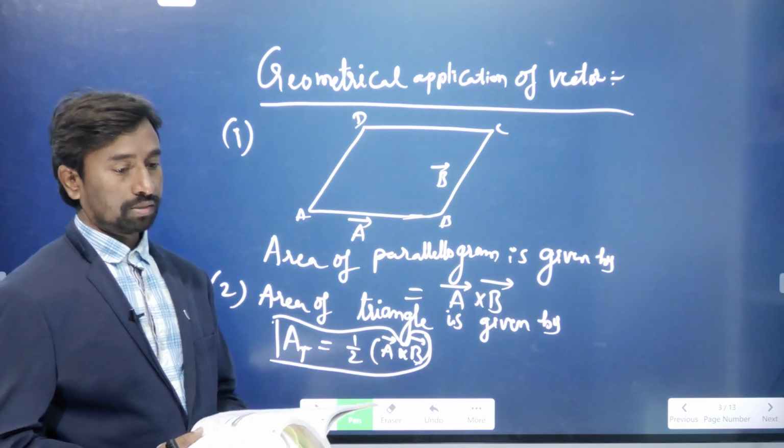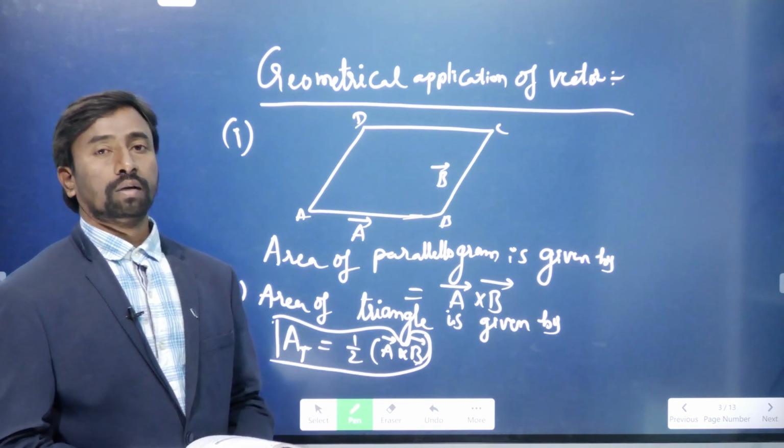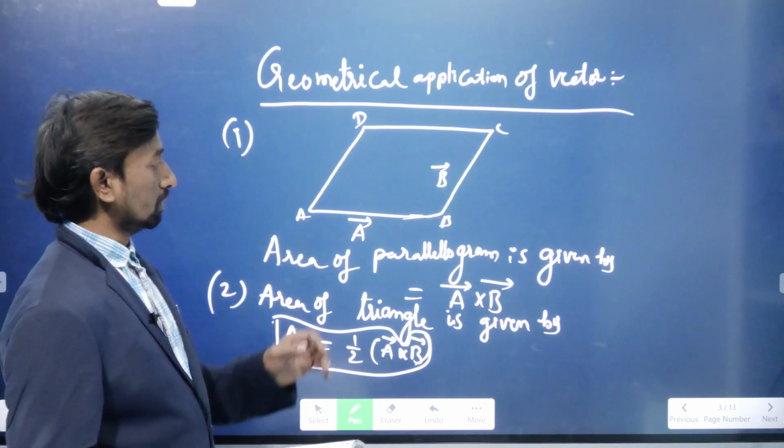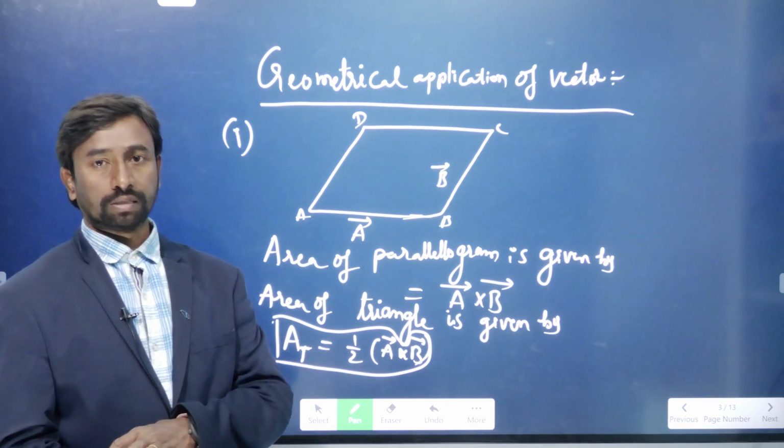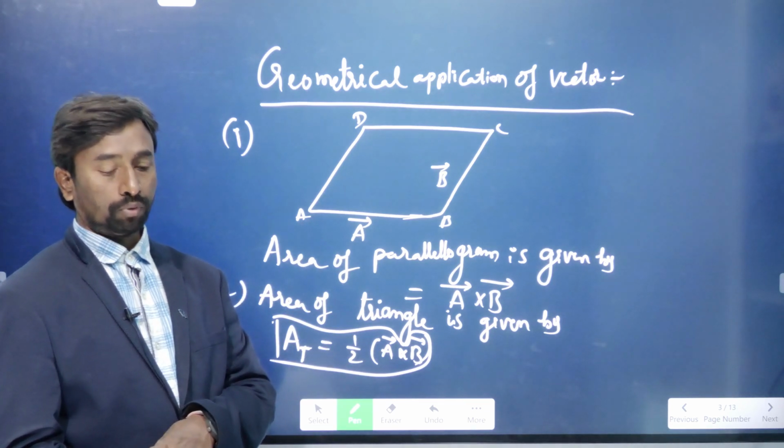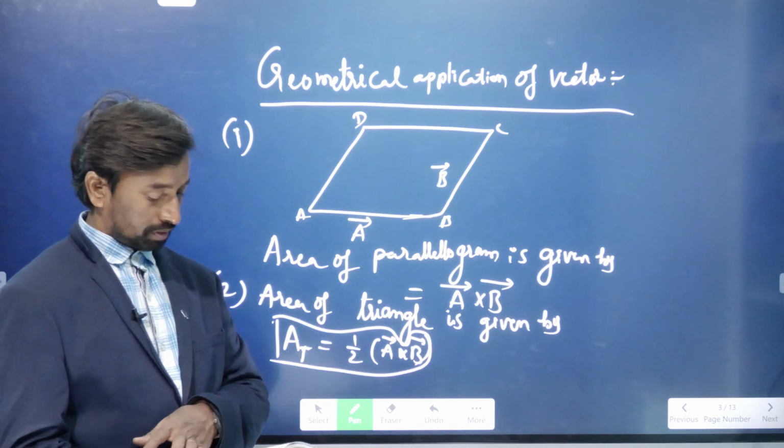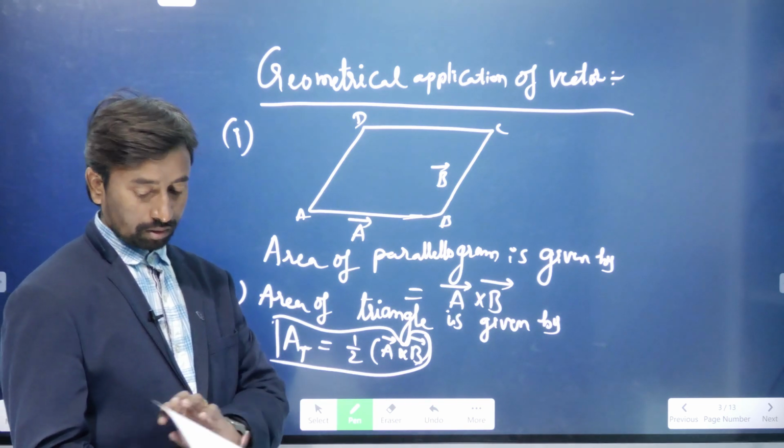So which one is the correct answer? See, we have discussed that the direction of the cross product of the two vectors is given by the right hand thumb rule or corkscrew rule. So the option is the third one. The third one is the correct answer.